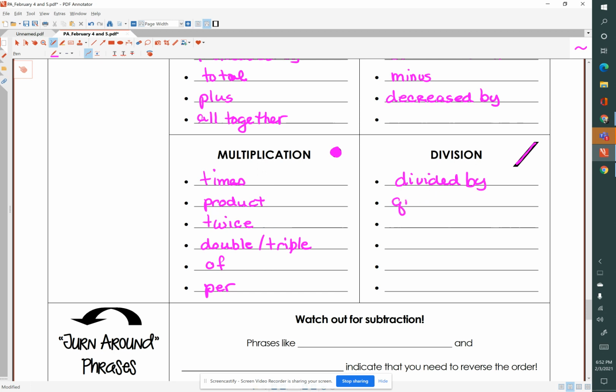The quotient is the answer you get when you divide. We might cut something or divide something in half or in thirds, so we'd say third, or even fourths, quarter, or fifths. And we often see the word separate. When we see that word separate, we know we are dividing.